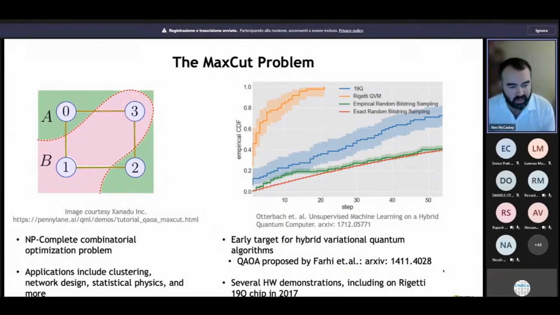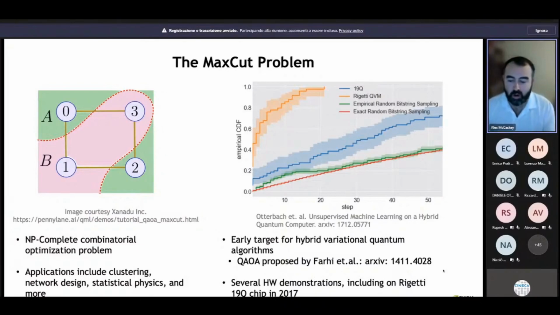MaxCut is an NP-complete combinatorial optimization problem where you try to find the cut across edges of a given graph that maximizes the edge weights in each cut, essentially. There are applications to this in clustering, network design, statistical physics, etc. It's an early target for these hybrid variational algorithms, specifically the QAOA.